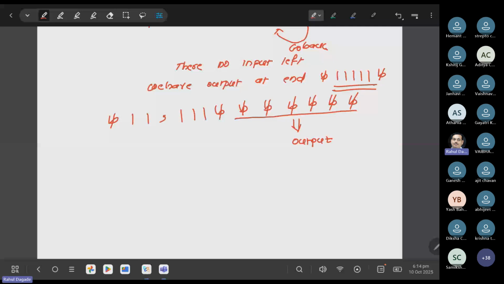So our initial head is at this position. Okay, and what this head is doing is reading one, converting that into blank and moving to the right.